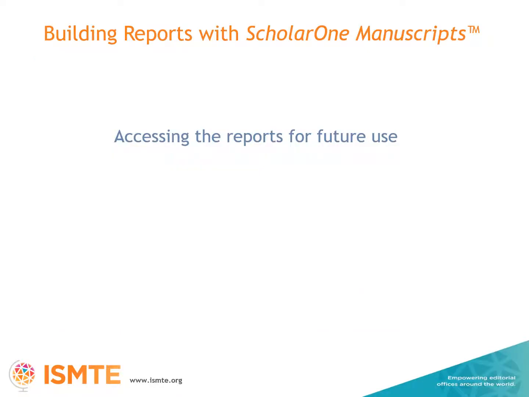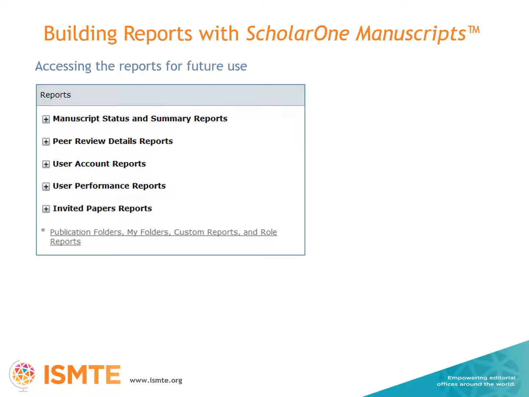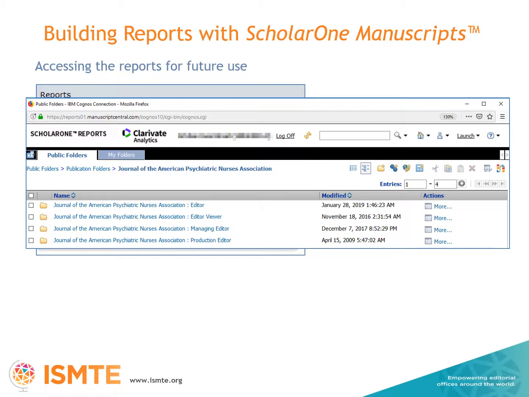Now that you have all these wonderful reports, let's look at how to access those reports for future use. At the bottom of the Report section is a link called Public Folders, My Folders, Custom Reports, and Role Reports. Clicking on this link will take you out to the Public Folders and My Folders section of the Cognos reporting system.